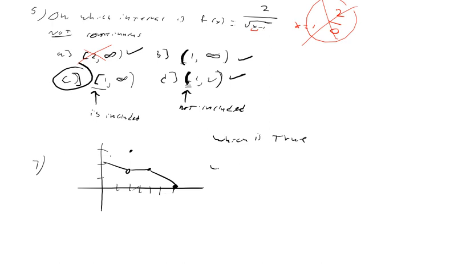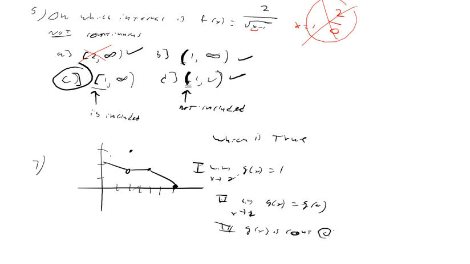Number 1, the limit as x approaches 2 of g of x equals 1. Option 2 says the limit as x approaches 2 of g of x equals g of 2. And option 3 says g of x is continuous at x equals 2.